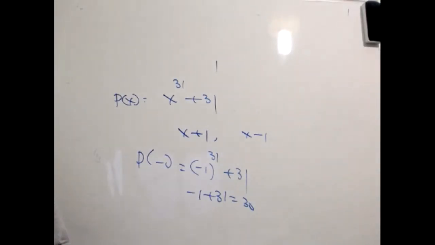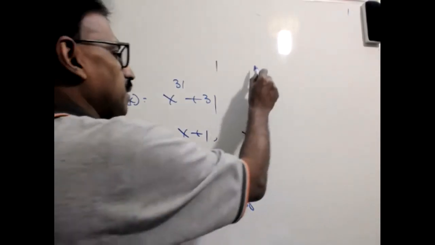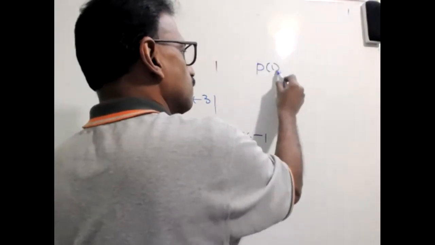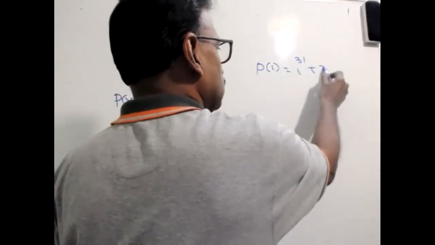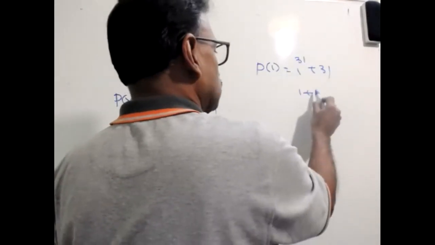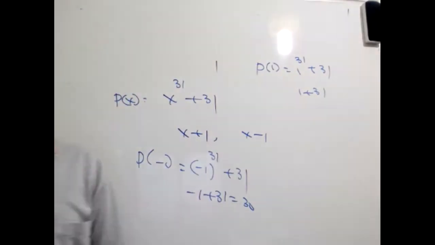Why? Minus raised to an odd number is negative. Minus raised to an even number is positive. Okay, next one. P of 1 equal to 1 raised to 31 plus 31. That is 1 plus 31, that is 32. Answer: 30 and 32.